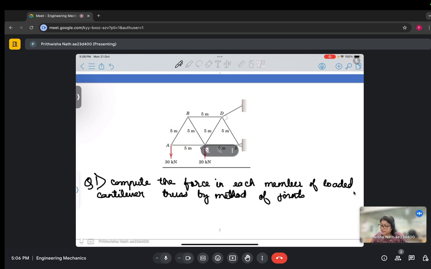So they've asked us to compute the force in each member in the truss.